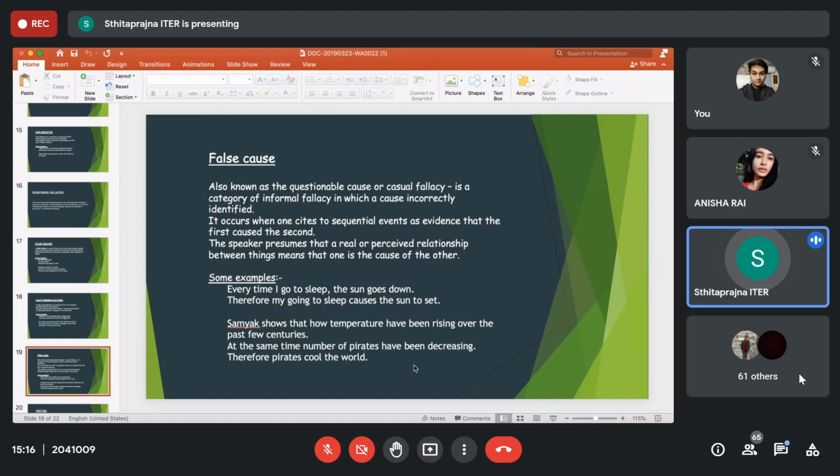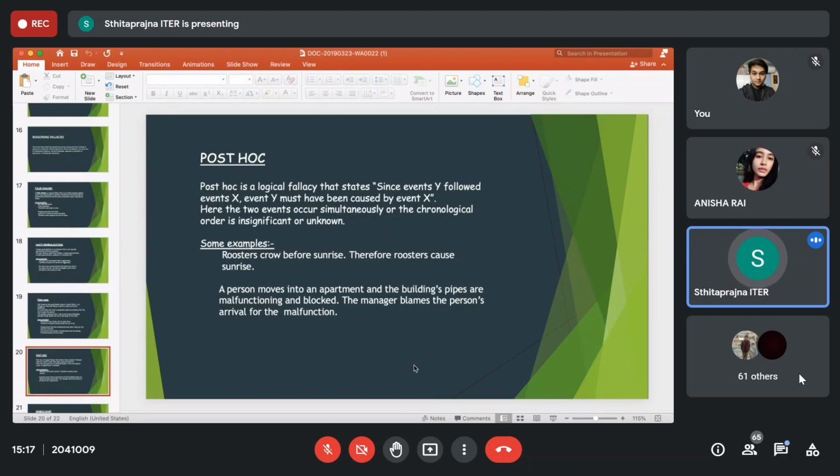Therefore, pirates cool the world. Only because we see the number of pirates decreasing, we don't find an adequate number of pirates these days, so we believe that pirates are the reason for cooling the world. The cause that is given is false, so it is also called causal fallacy.